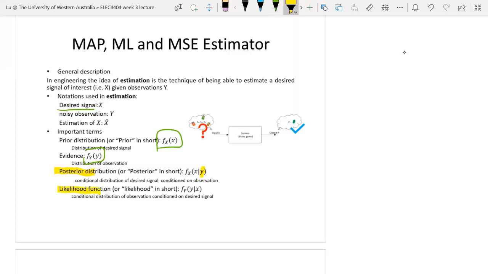That is the other way around. That is another conditional PMF or conditional PDF, but in this case the likelihood function means we know the distribution or the value of the input x, and we want to predict the distribution of the y outcome. Okay, these are all the notations and terms used in our estimator analysis.